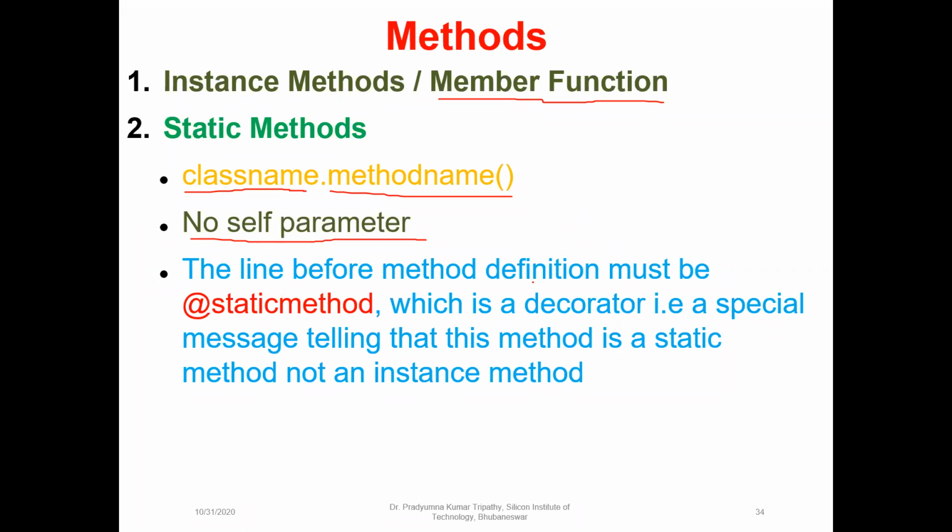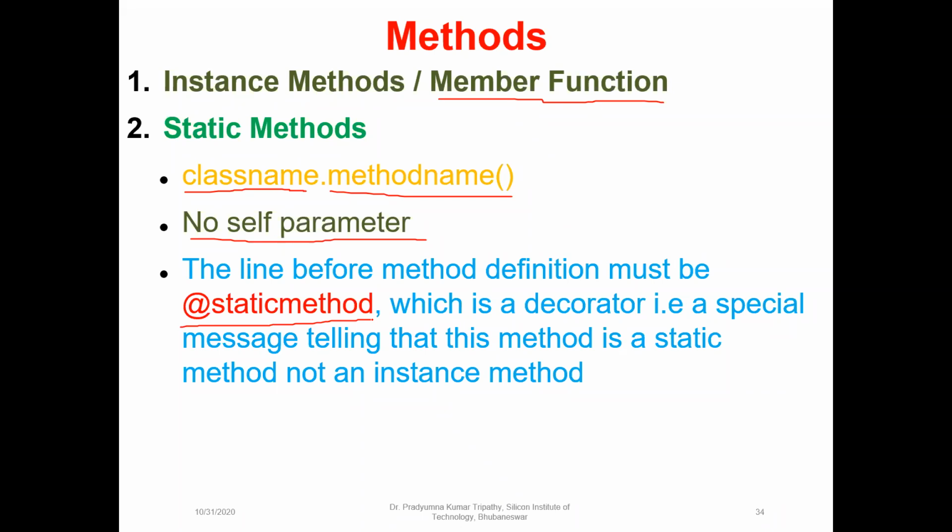The line before the method definition must be @staticmethod. This one you have to remember. It is a decorator, a special message telling that this method is a static method, not an instance method. So just before the method, if you write @staticmethod, then that method will become a static method. The property of the static method is that it can have access to other static members and it is called by using the class.